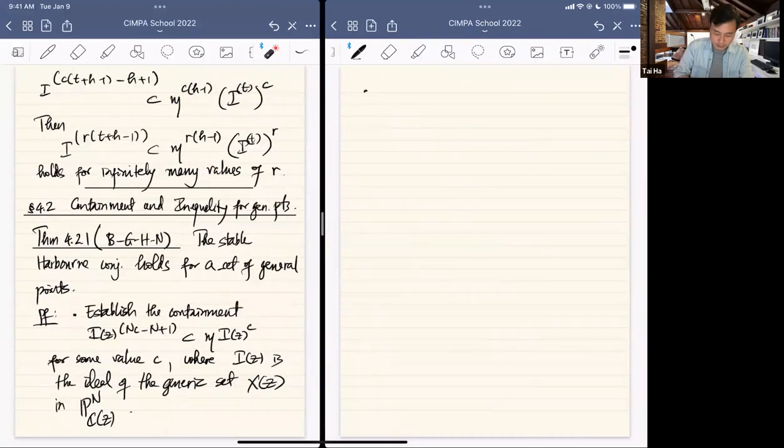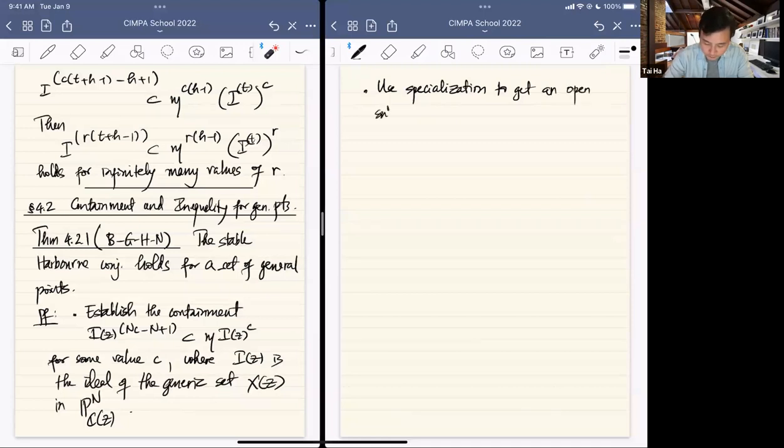And in fact, we proved that this statement is true for all big enough values c. But all we need is just one value c, and then you use specializations. Remember that we just need one value c to get an open subset U in the parameter space, such that for all a inside U, we have the containment.